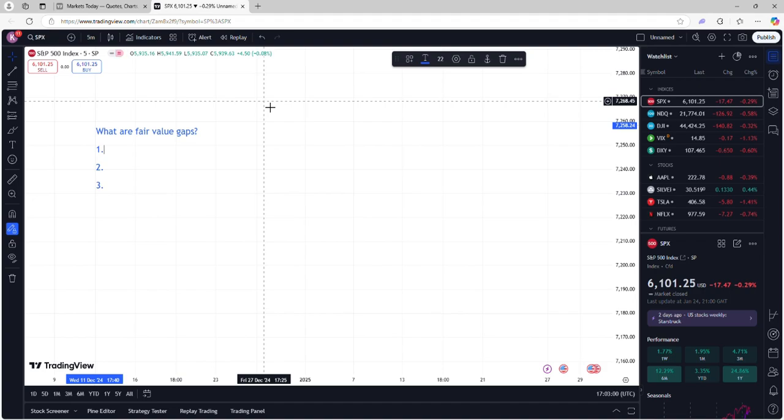Here's how it works. Number 1, a large impulsive move creates an imbalance.